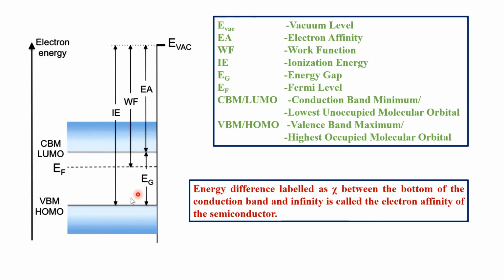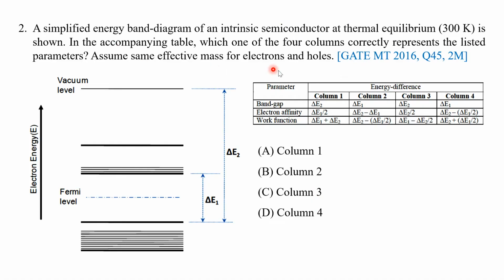From this particular valence band maximum to infinity level is the ionization energy. And then we have electron affinity and work function. These are the other things that we need to define, right? So electron affinity means from here to here. That is, from here to here means E2 minus E1. E2 minus E1 for electron affinity comes for column 2.